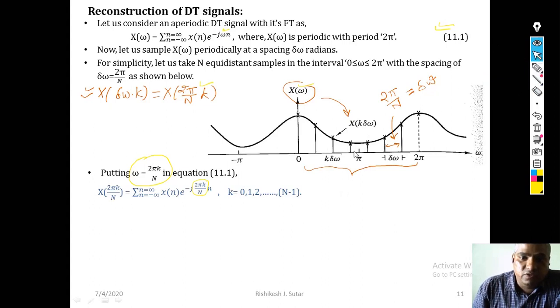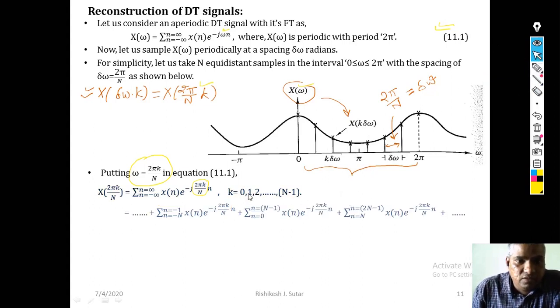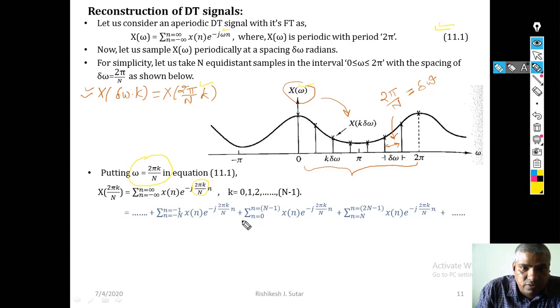So we'll go further now. This summation is from minus infinity to plus infinity, and I know that I can collect the N samples in one summation. So what I can do, from minus infinity to plus infinity I can split, and after splitting I can collect the samples from sample number 0 to N minus 1, then I can collect the sample number capital N to 2N minus 1, or sample number 2N to 3N minus 1.